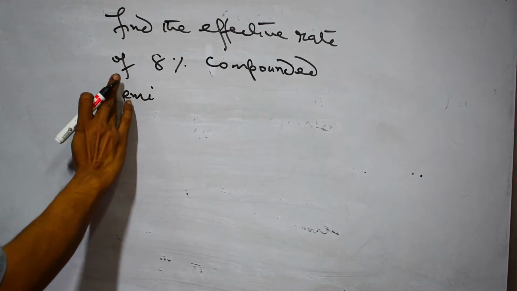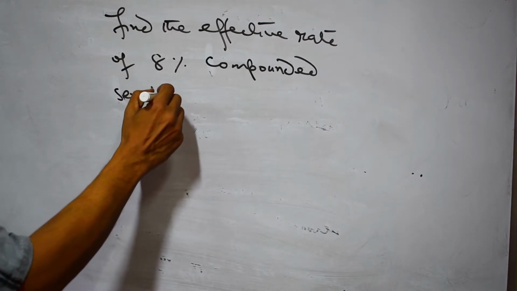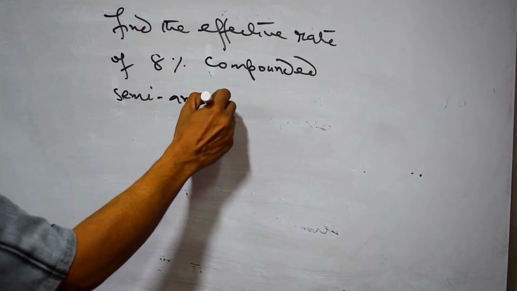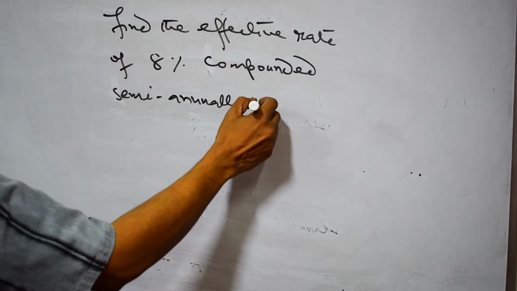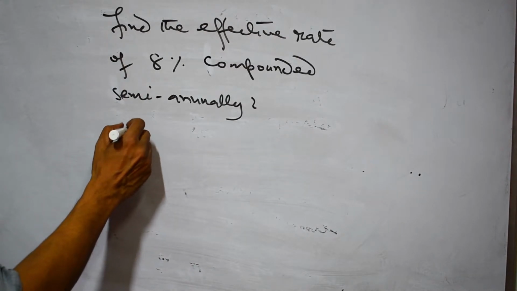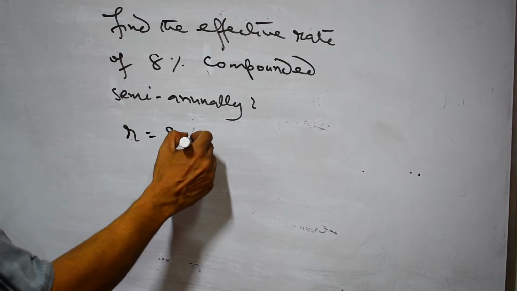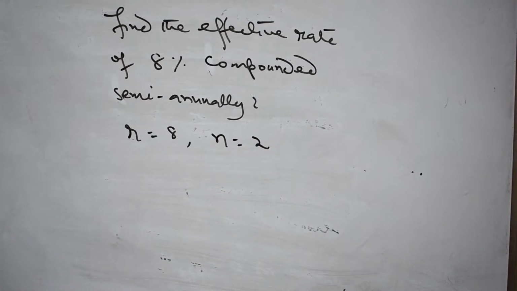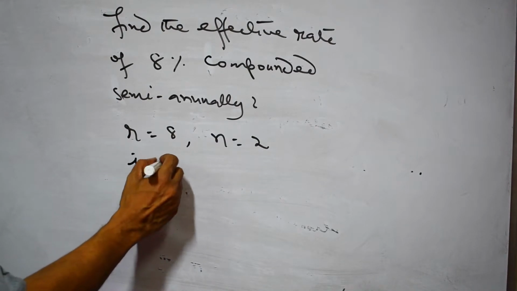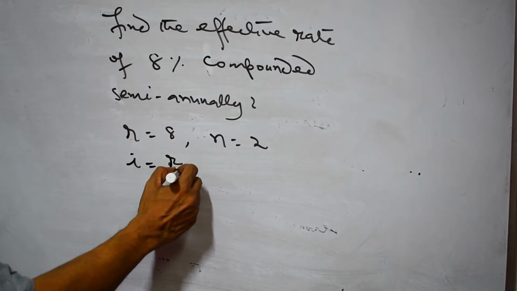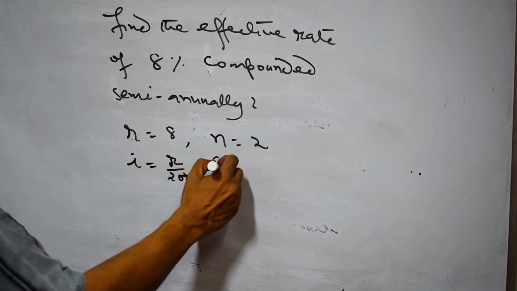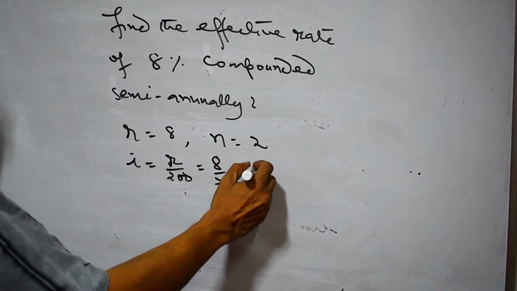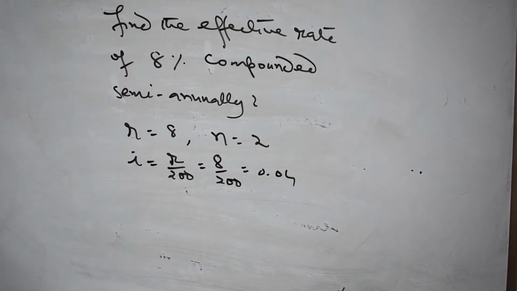The semi-annually word means 6 months. So here this rate R is 8, but n is 2 because 6 months, half yearly. So I is R by 200, that is 8 by 200, which comes to 0.04.